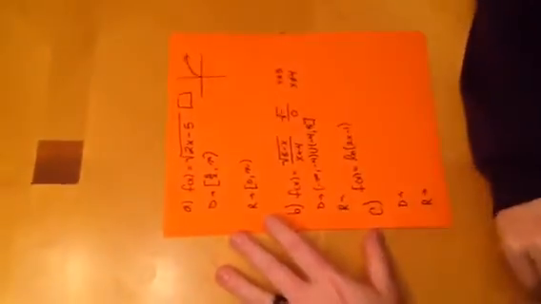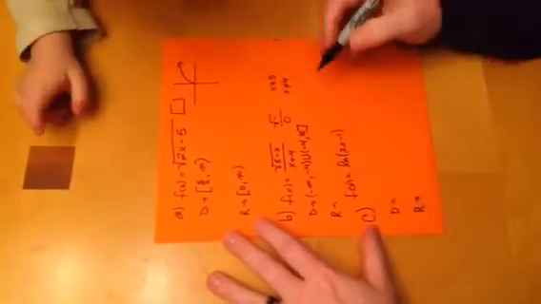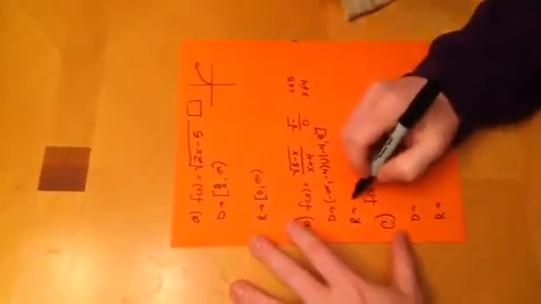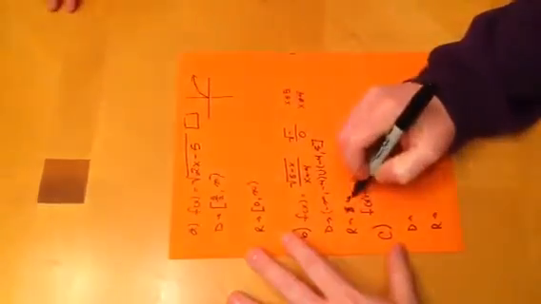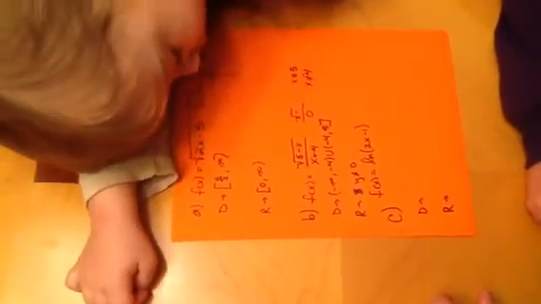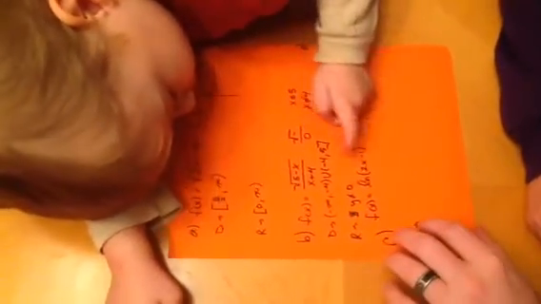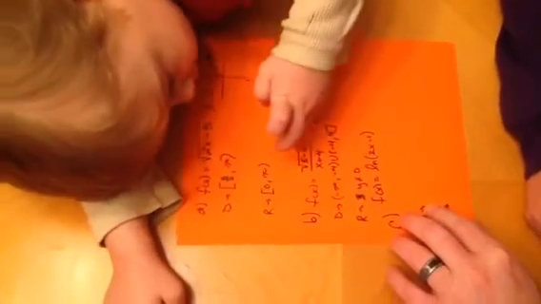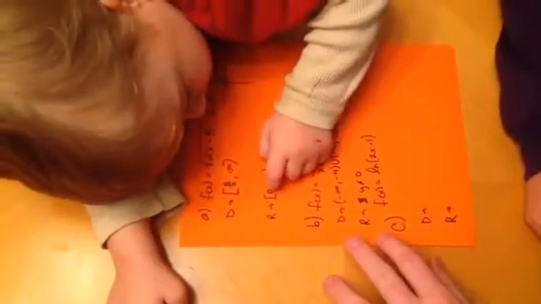The range for this, since it is an inverse variation function, is going to be that y cannot be 0. There's a 0 right there and right there.